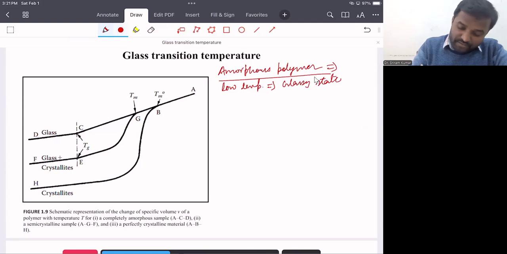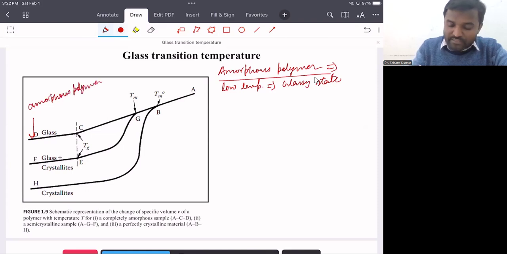If you see here, the first curve is for the amorphous polymer. So now let's understand this first one.